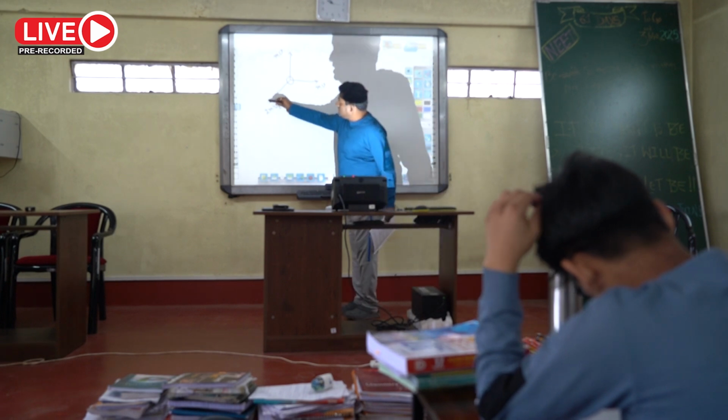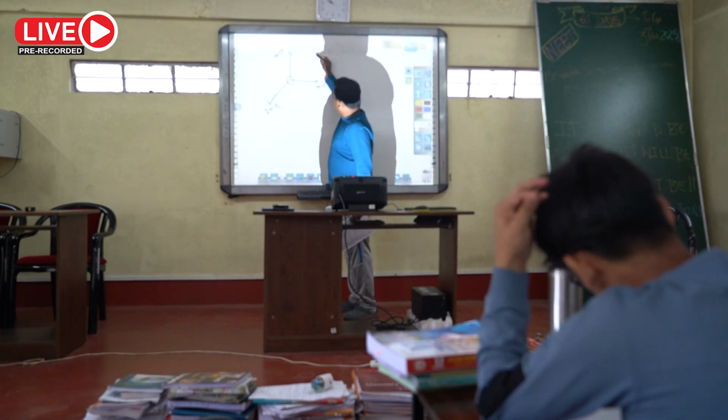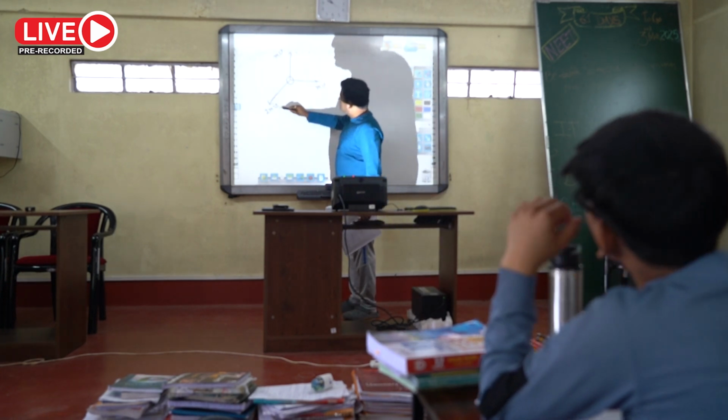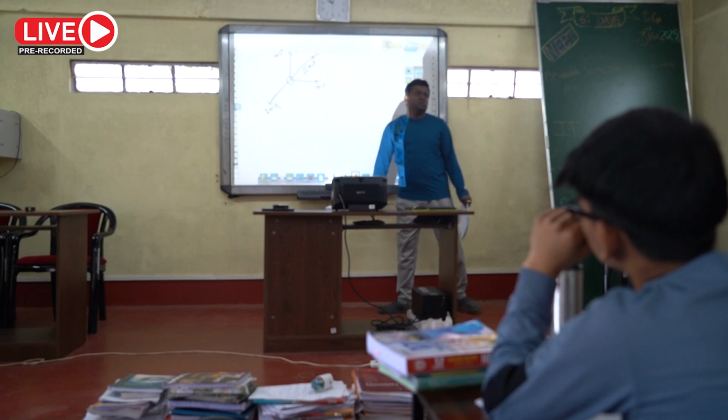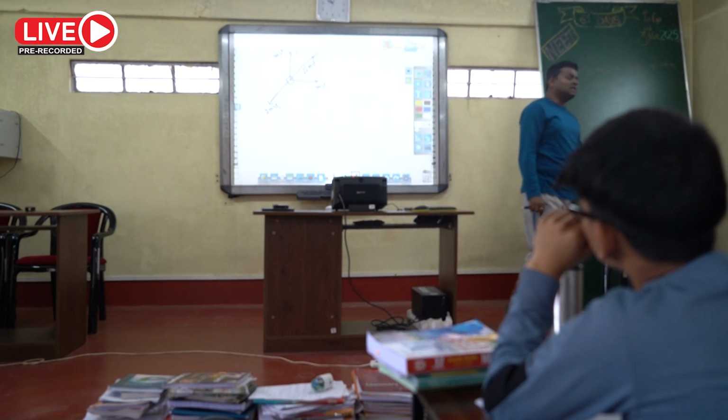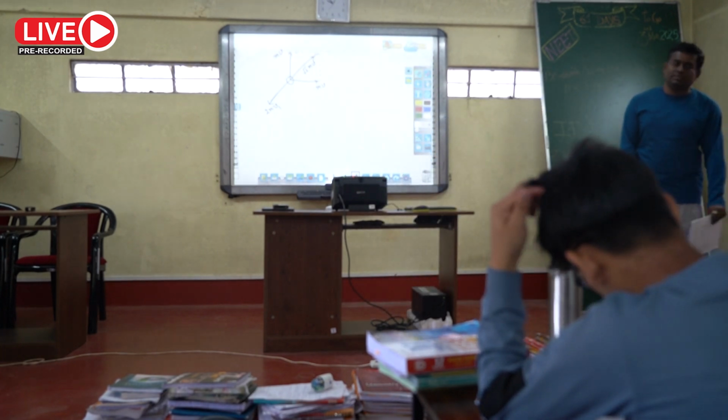Okay. Means the resultant of these two and this one will be equal and opposite. So the resultant of these two will be root 2 mv.